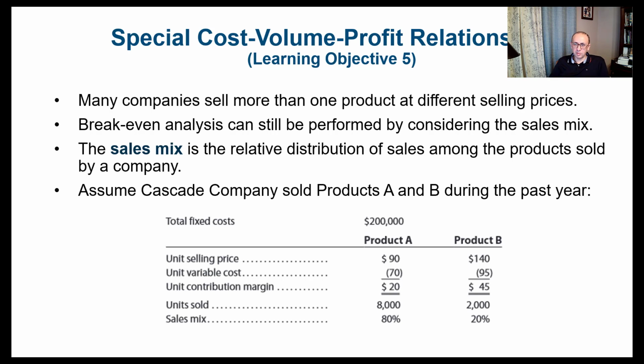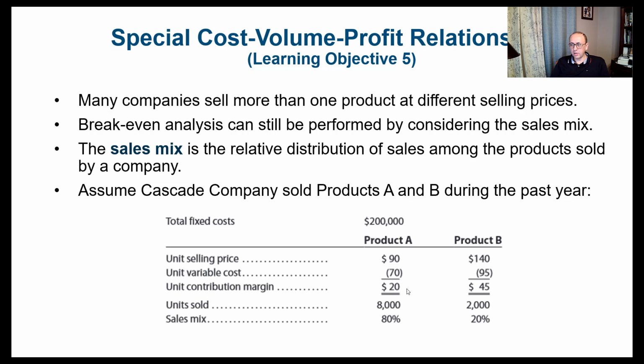So let's see an example. Assume we have a company called Cascade. They sell products A and B, and during the past year they made these sales. Their total fixed cost is $200,000. Their selling price for product A is $90 and for product B is $140.